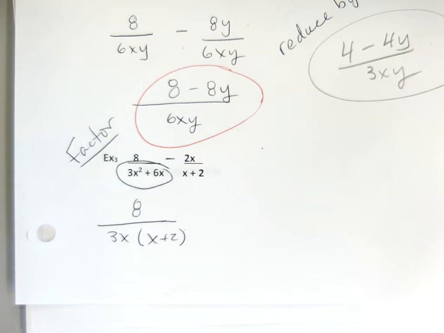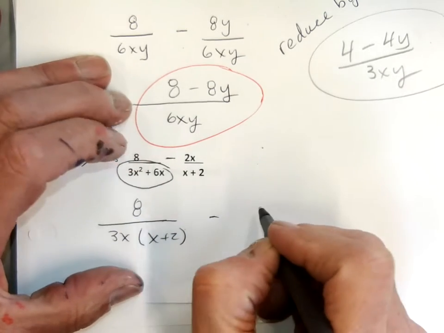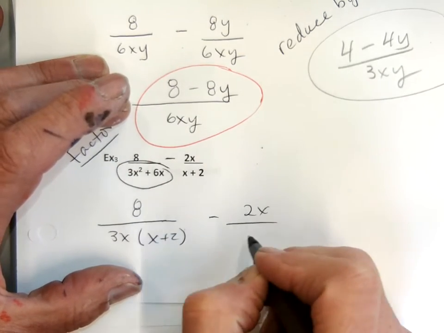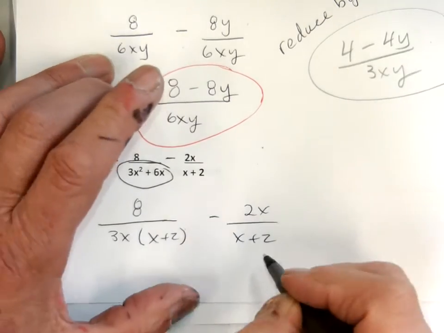So by factoring, changing 3x squared plus 6x into this, common 3, common x, took out the x, then they're starting to look kind of the same, right? So that was a good step because now they're starting to look kind of the same. So that factoring helped me out. So now I'm going to rewrite the minus 2x over my x plus 2.